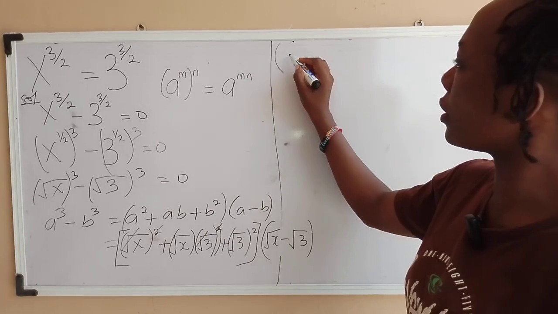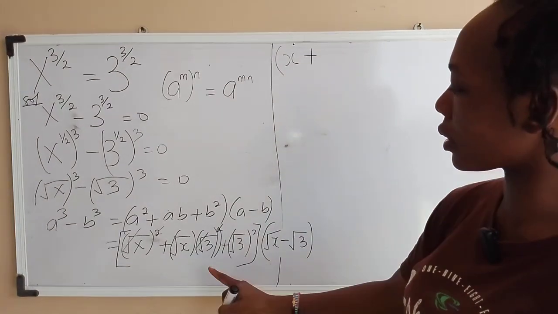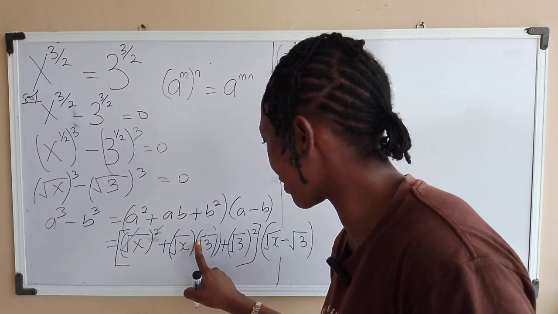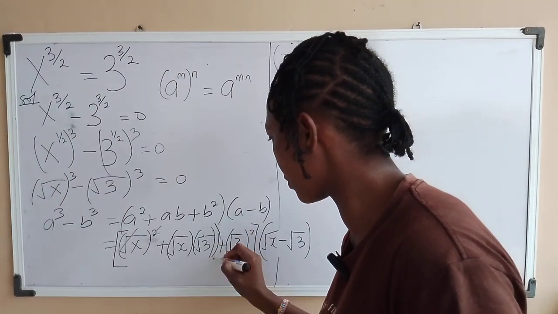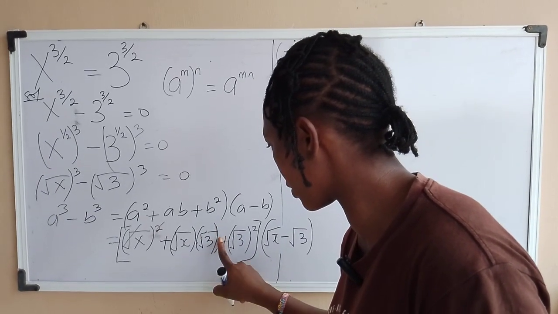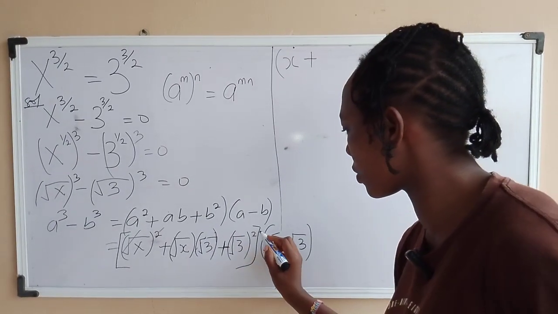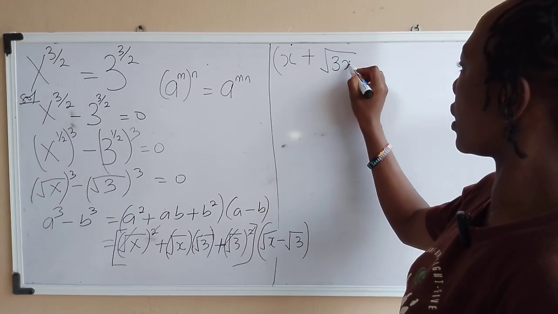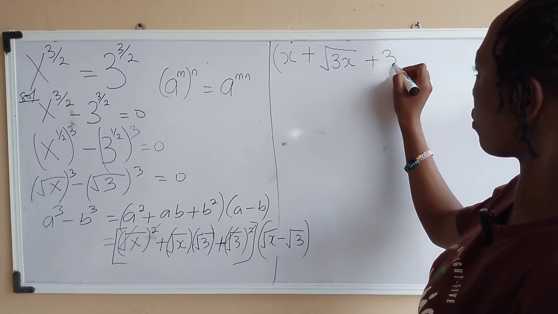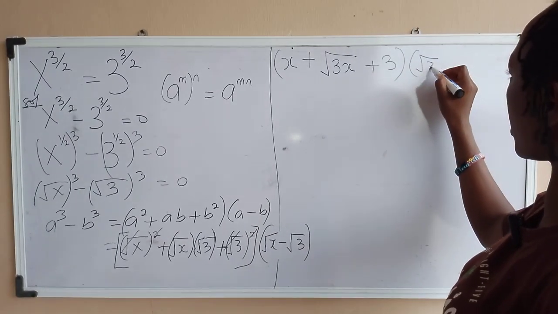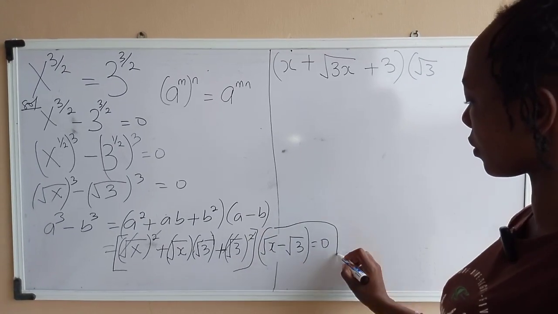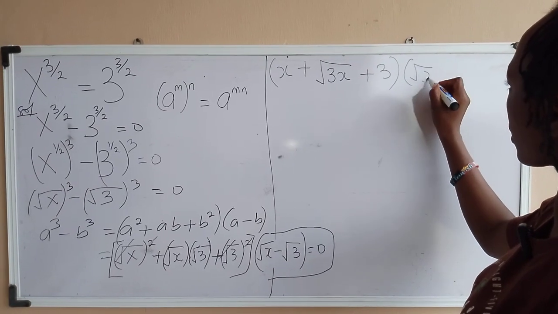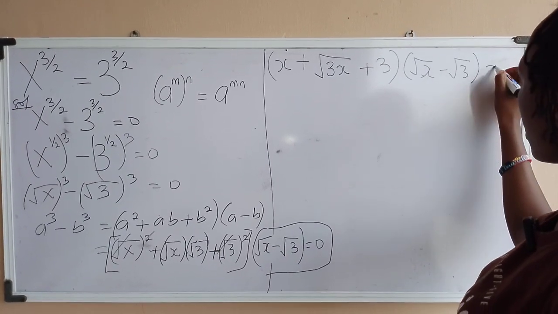So we have our new equation as x plus, sorry about that, this is actually correct as just square root of 3. There was no need for the extra square root here or the bracket. So when we multiply, we'll have the square root of 3x here, and then plus 3, and then this one as the same thing, all equal to 0, and then we have square root of x minus square root of 3 equal to 0.